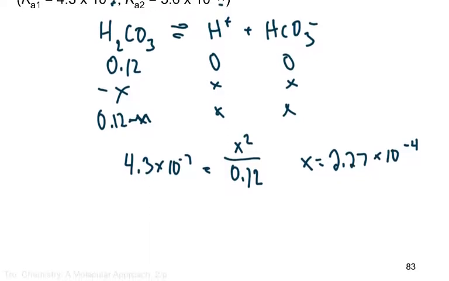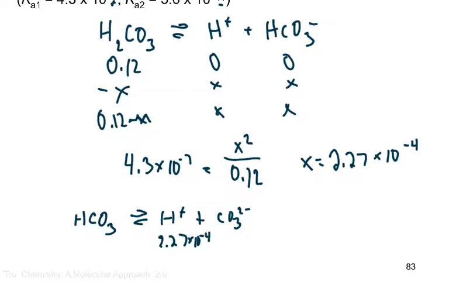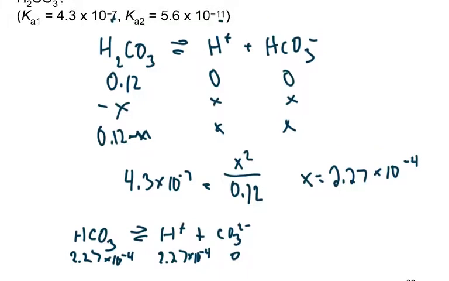So when your equation here is HCO3- in equilibrium with H+ and CO3 2-, and we already have 2.27 times 10 to the minus 4, 0, and 2.27 times 10 to the minus 4, you're not going to get a lot more H+ from that when the K value is so low.